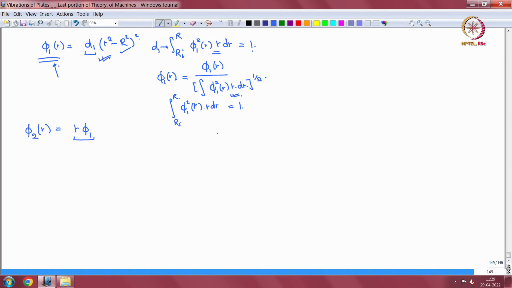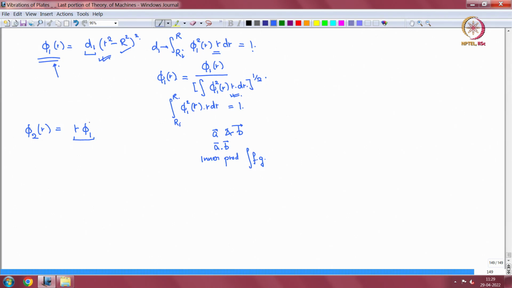If I had vectors, two vectors a and b, then the component of b in a is a dot b. Okay, this is with respect to vectors. With respect to functions it is the inner product. Inner product is the integral of f into g.